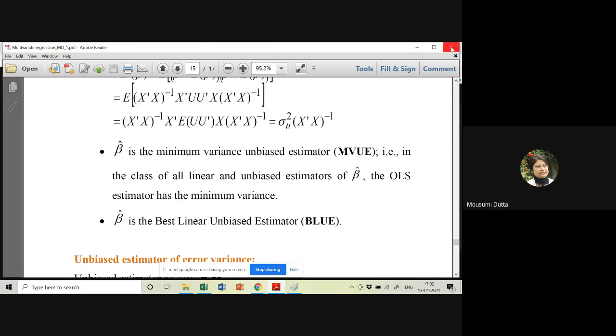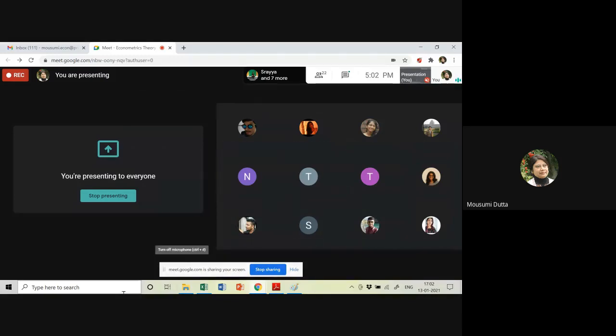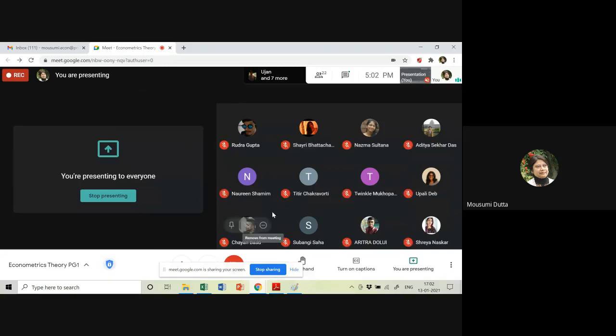Can anyone remember what the estimator for sigma square was in the two variable case? RSS by n minus 2. RSS by n minus 2. Very good, Rudra. Rest of the students, can you remember this? Shubhangi, Naureen, can you remember?